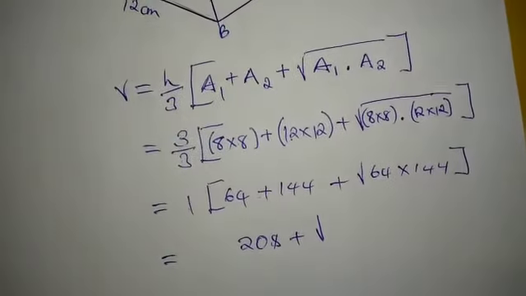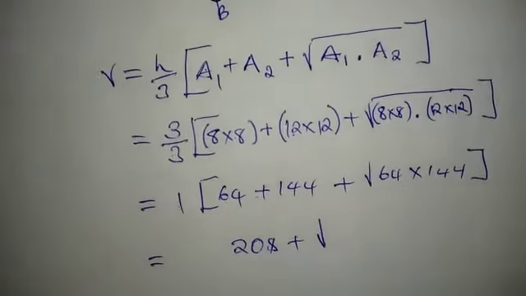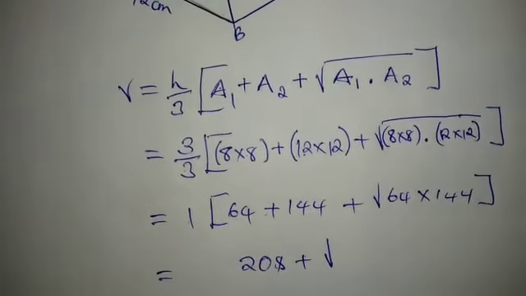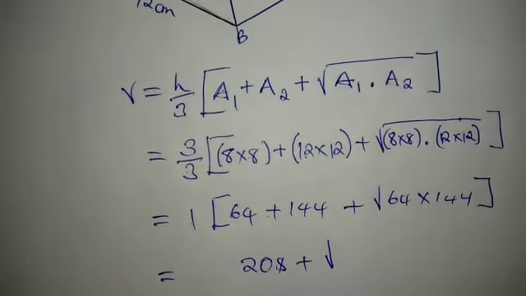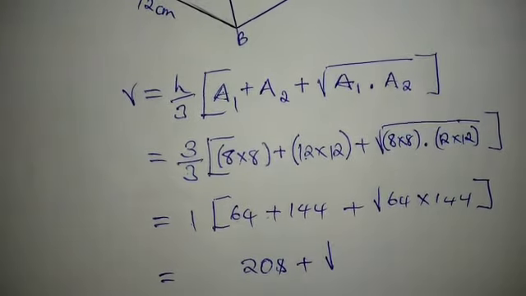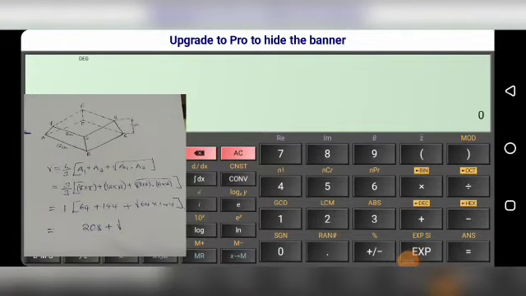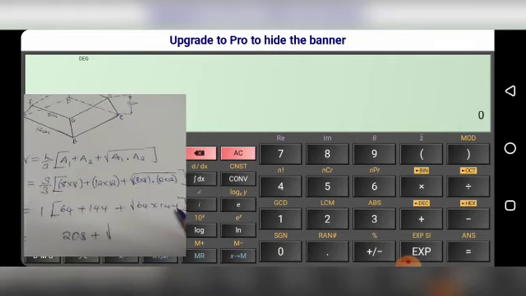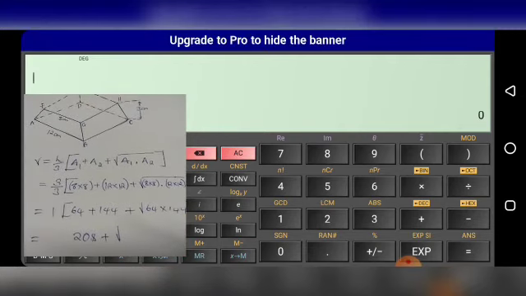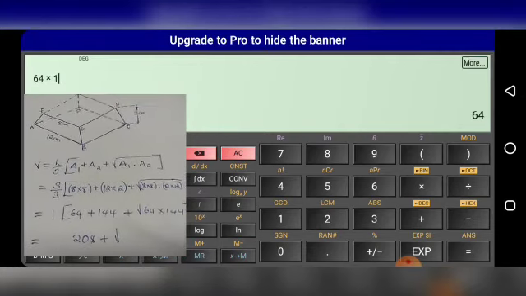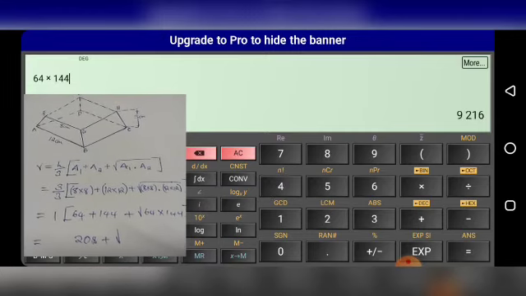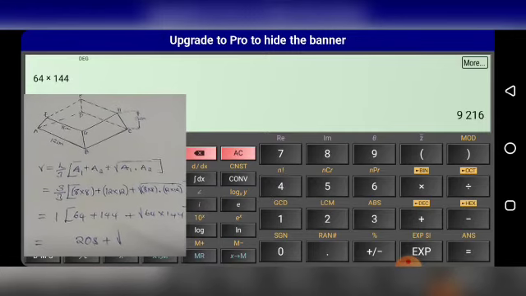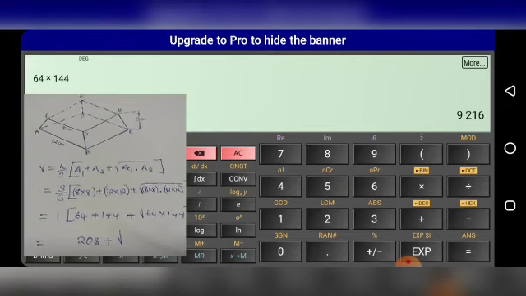All right, so let's go on a calculator and punch our root and see what we'll get. Now that we have our calculator, the first thing we have to do is get the product of 64 times 144. So what is 64 times 144? That is 9,216. Therefore, all I have to do is square root that one.